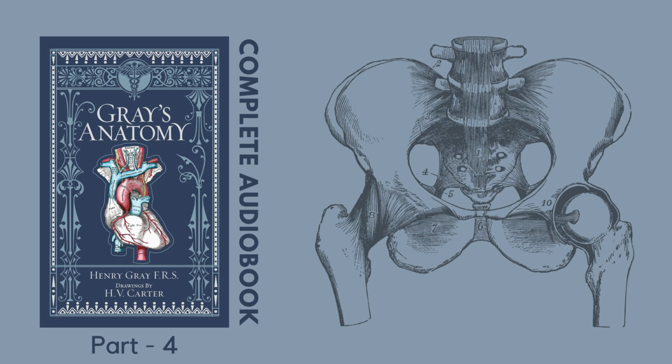The second cuneiform bone. Os cuneiforme secundum. Middle cuneiform. The second cuneiform bone is the smallest of the three, is of very regular wedge-like form, the thin end being directed downward. It is situated between the other two cuneiforms, and articulates with the navicular behind, and the second metatarsal in front.